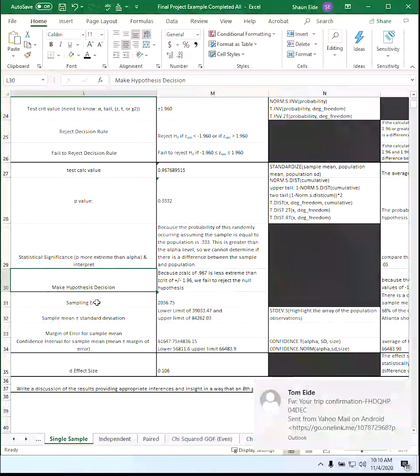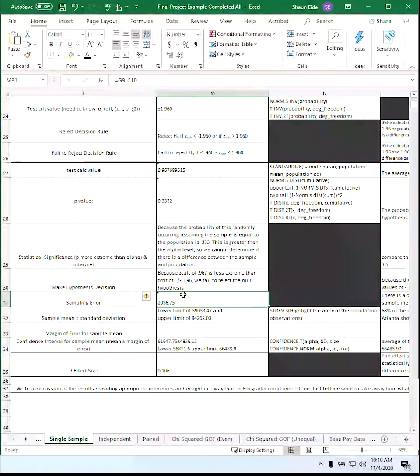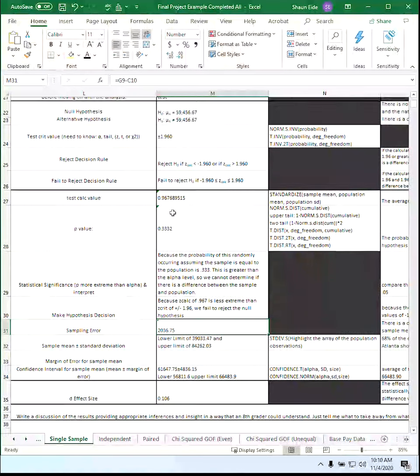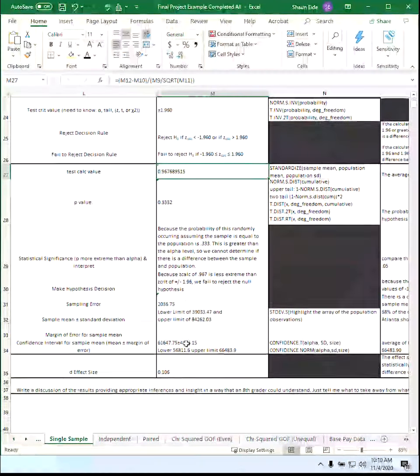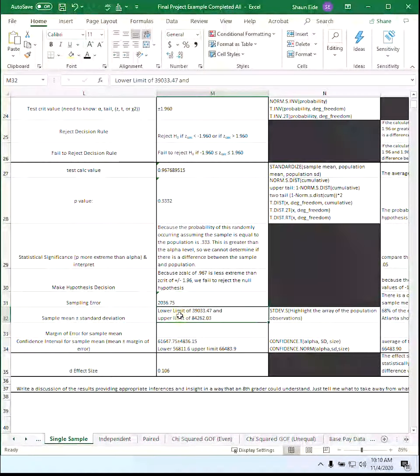So the next thing that we do is I want you to calculate the sampling error. We already calculated the sampling error. I really should have put the sampling error up here because you need the sampling error in order to calculate the test calc value. But you already calculated it, and now we are going to do the margin of error. So the sample mean plus or minus the standard deviation.